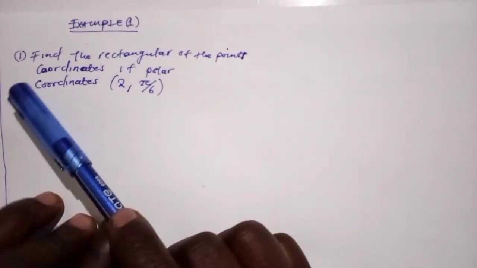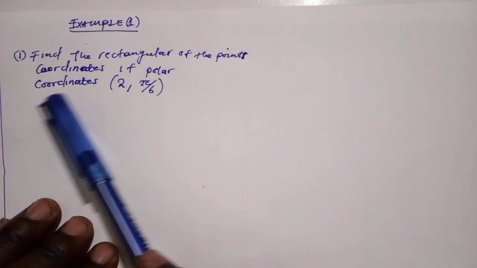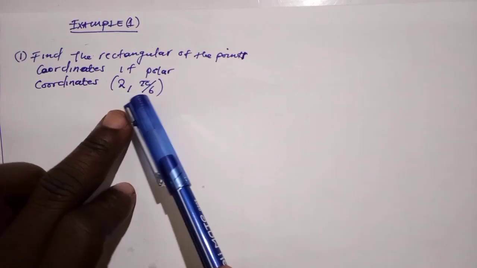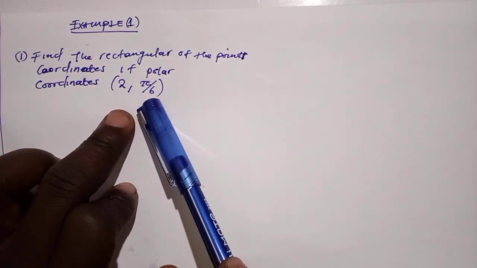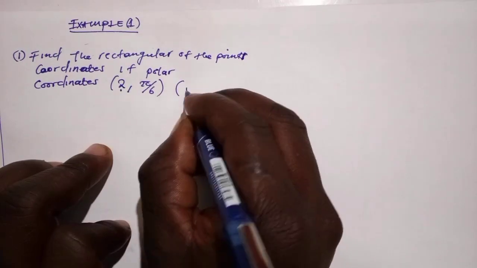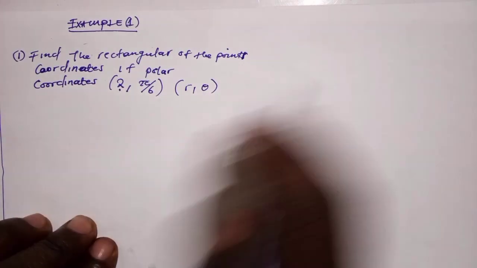For example 1, we are asked to find the rectangular points if the polar coordinate is 2, pi over 6. Here we have r and theta. So now let's try.